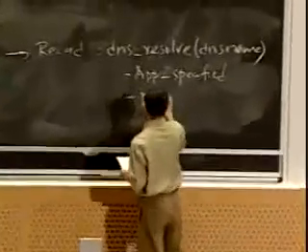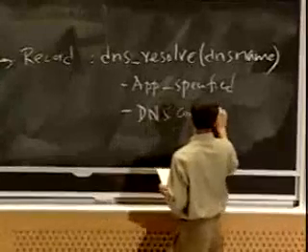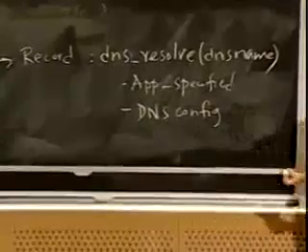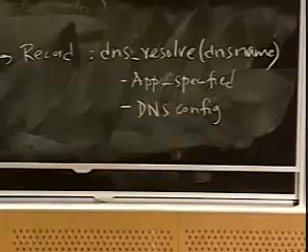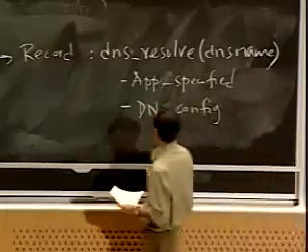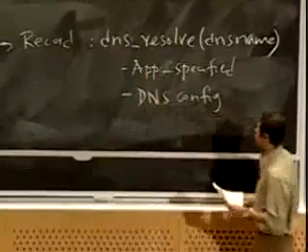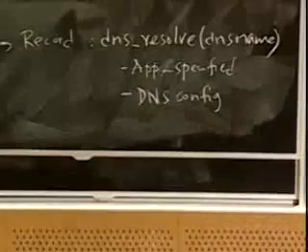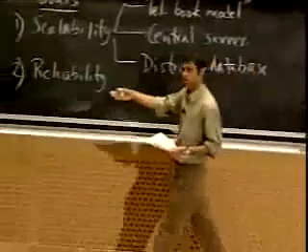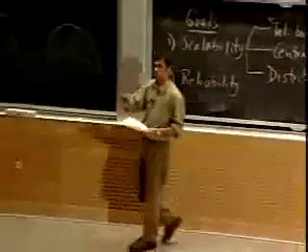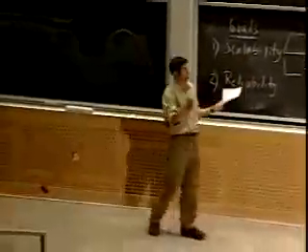And more generally, there's a DNS configuration file. There's some DNS configuration or a registry or whatever it is, depending on the system that you have, that tells this resolve step in what context the name must be resolved. So just for example, you might have a machine cricket.mit.edu, another machine cricket.berkeley.edu, and an application might call DNS resolve of cricket.